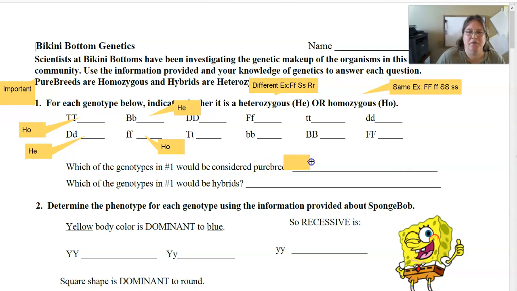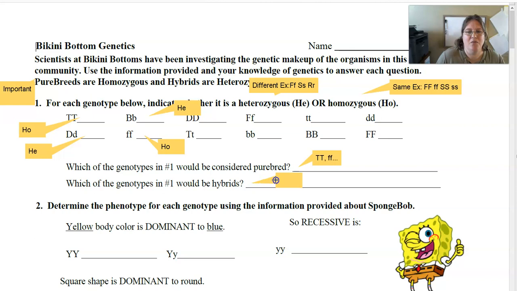I'm going to put the homozygous ones of the 4 that we found. Well, TT was homozygous, and little f was homozygous because they had the HO. There's more, so I'm going to put a ... because there is more, so fill in the rest.